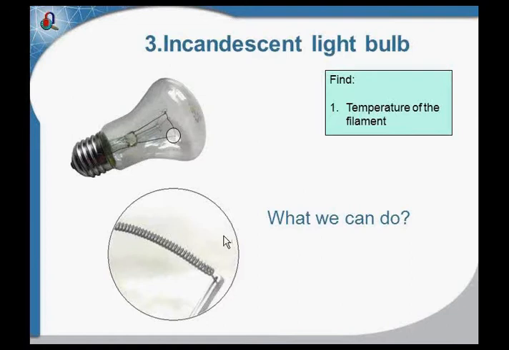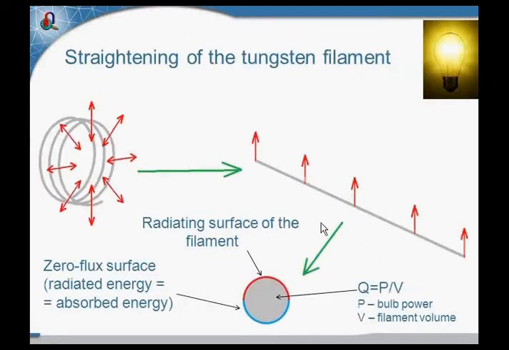But that's not a very big problem for us. The filament is twisted, so only one side radiates outside. That's a few loops of tungsten filament, and you can see that only one part of the surface radiates outside.